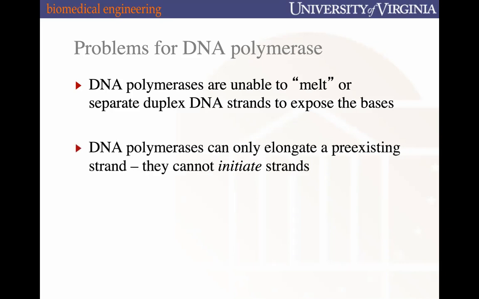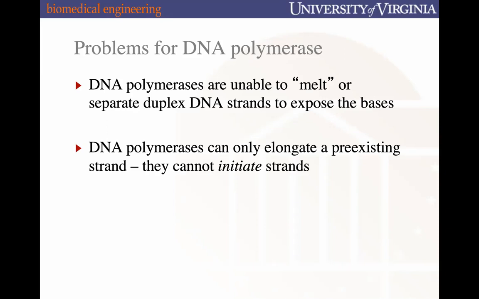Another problem for DNA polymerase is that it can only elongate a pre-existing strand. When we talked about DNA replication at a high level before, we talked about how there is an RNA primer that adjoins to the template strand. DNA polymerase requires something there to begin elongating the strand. It can't initiate though.